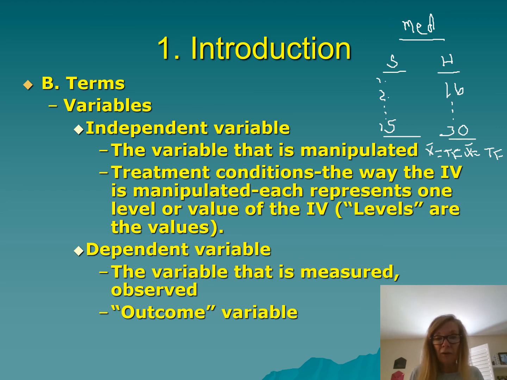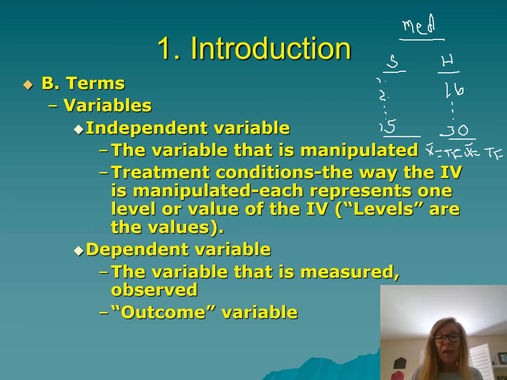The dependent variable, as I just illustrated, is that variable that is measured. Sometimes it's called the outcome variable. It's the one that's observed. We want to know if the strings that we're pulling, which is the type of medication, is impacting the movement of the puppet, which is the treatment failure.